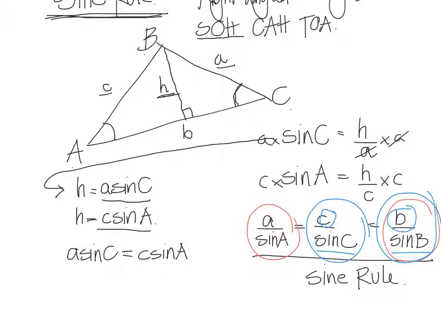Alright, so if I have a look at a second page, that might be the easiest thing. And I have got a triangle here, named in this way, but I've actually got some values here.